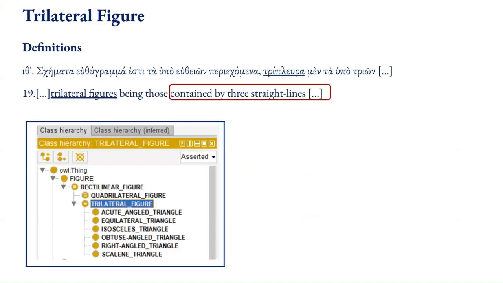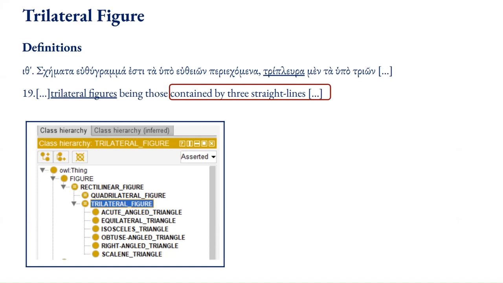So let's now do some exercises about triangles. You can take 10 minutes maybe to formalize the hierarchy: acute angled triangle, equilateral triangle, but we will focus mainly on the triangles classified from the angle point of view.